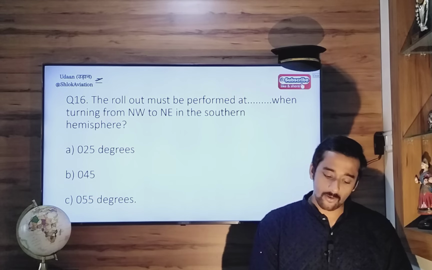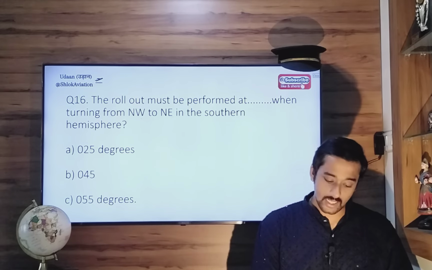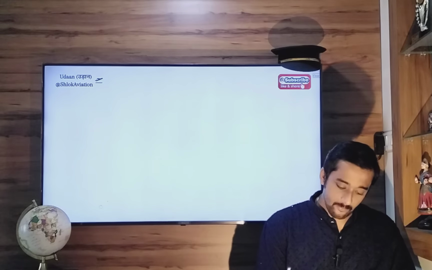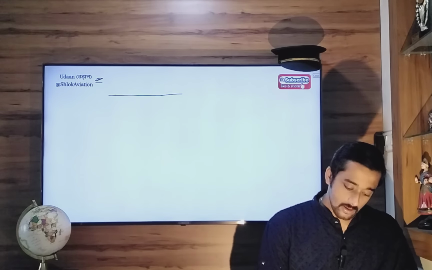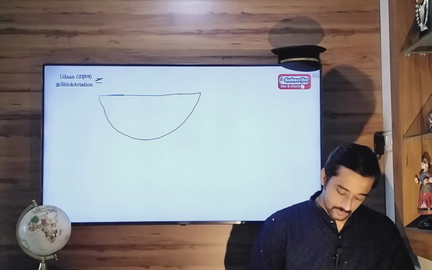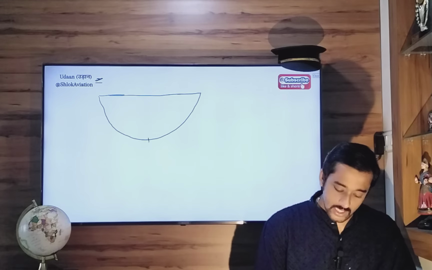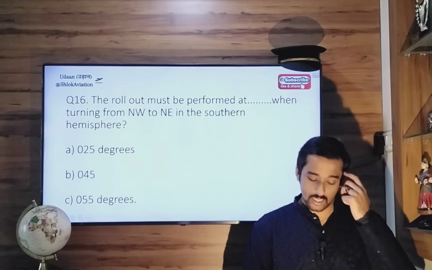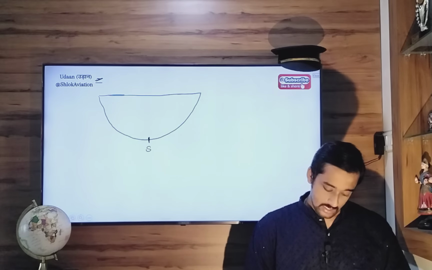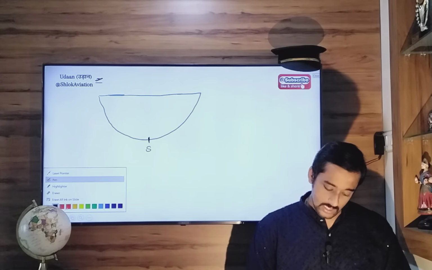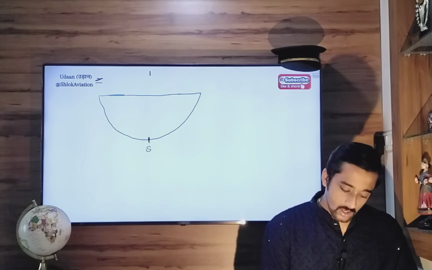The rollout must be performed at dash heading when turning from northwest to northeast in the southern hemisphere. So very important turning error. This is your south pole, let's say, southern hemisphere. And you're turning your aircraft from northwest to northeast.